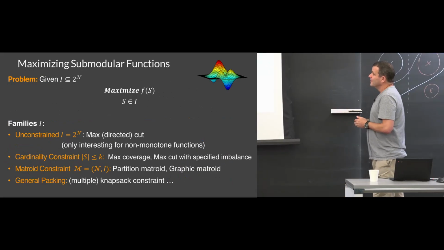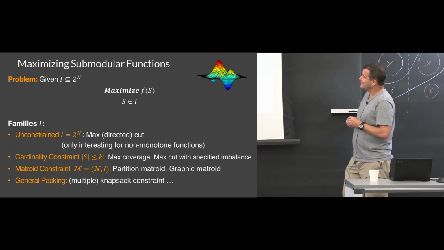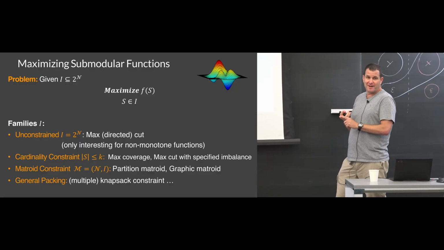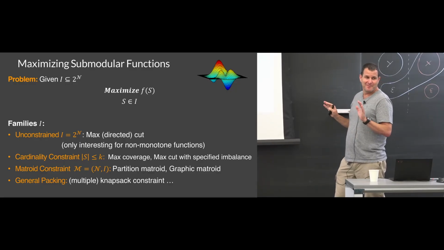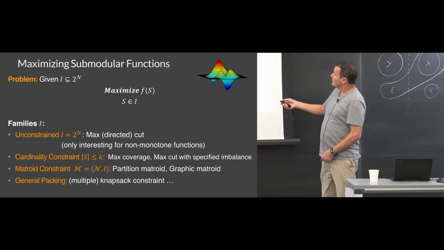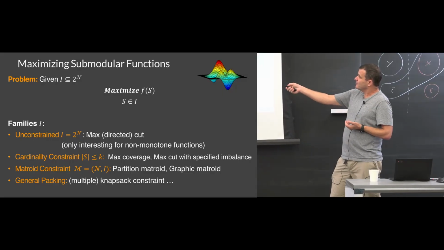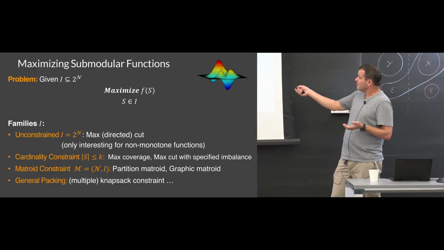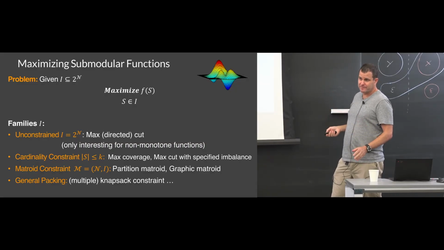Okay, so what can you do with a submodular function? You can either minimize them or maximize them. Maximizing is much more fun, so here we are only doing maximization. The main problem is that you are given a family of feasible subsets, and you should find a feasible subset that maximizes the function.